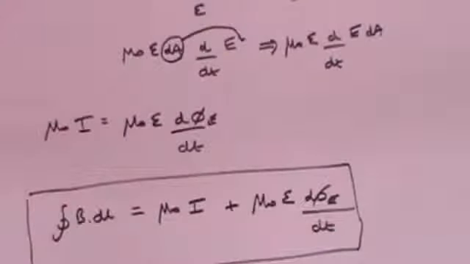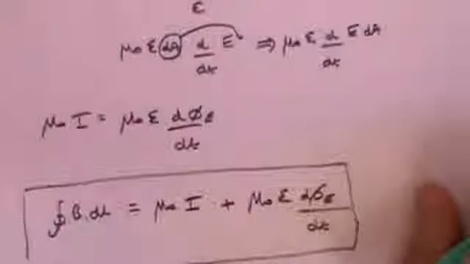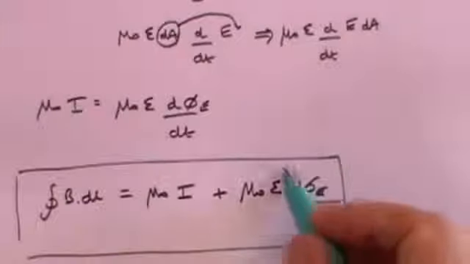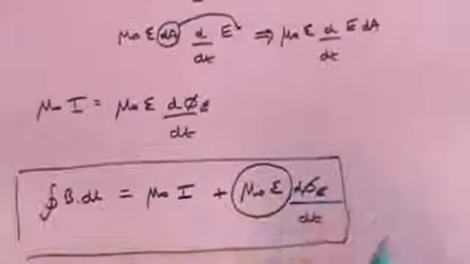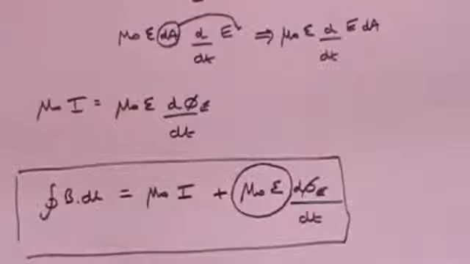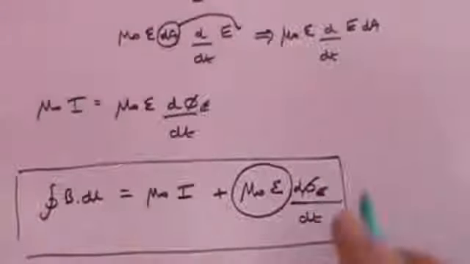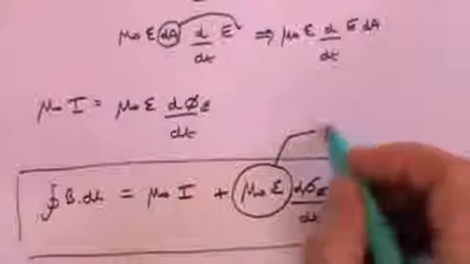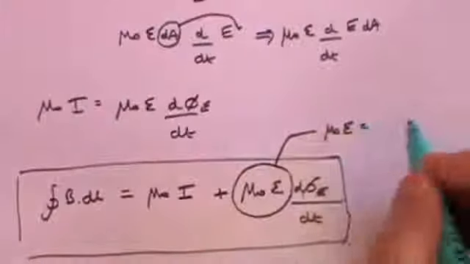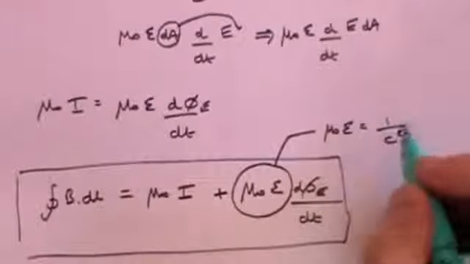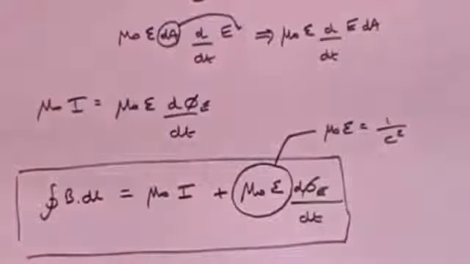There's just one final point to mention, which is a point of intrigue, and that was this term here, the permeability of free space multiplied by the permittivity of free space. Maxwell discovered that mu0 epsilon equals 1 over c squared, where c is the speed of light.